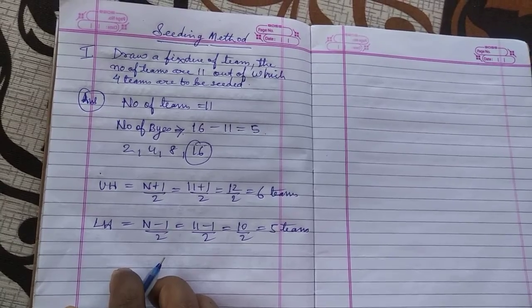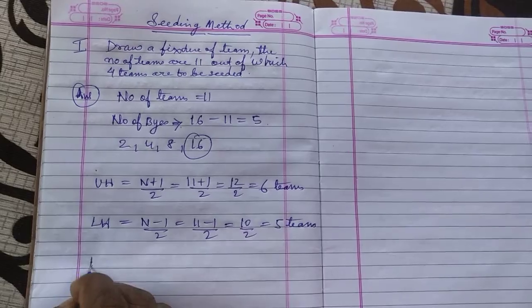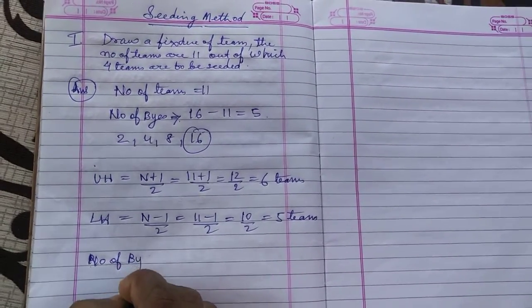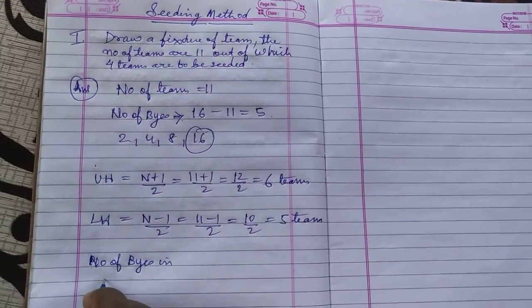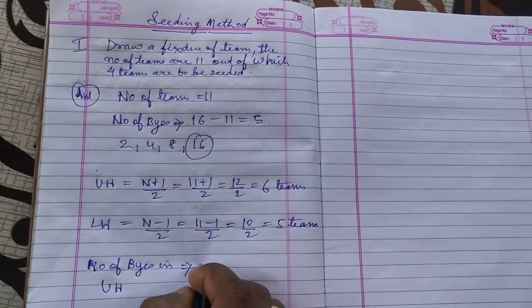Now let us see the number of byes in the upper half. What is the formula?